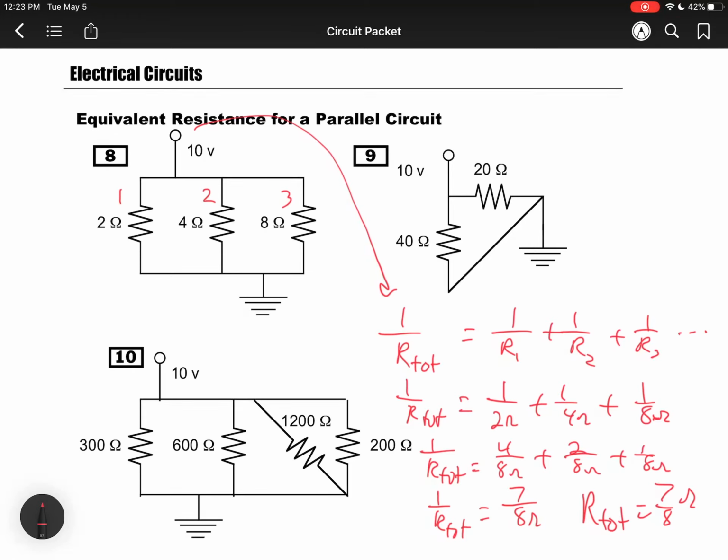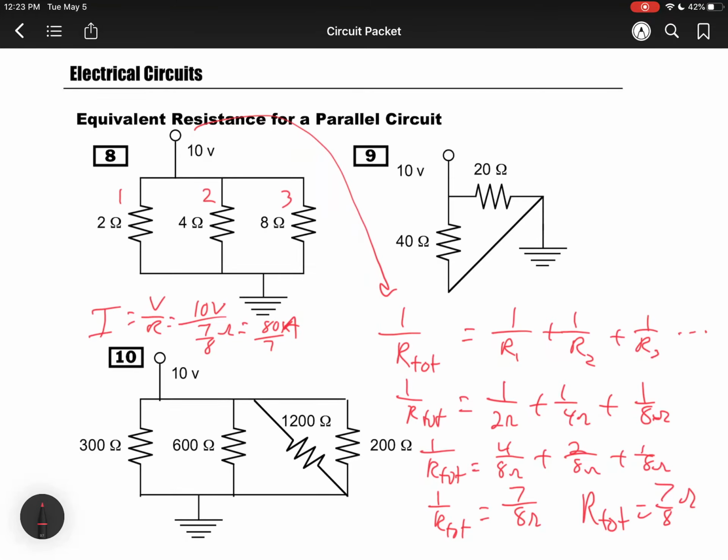So if I want to find the current, I equals V divided by R. Voltage is 10 volts divided by 7/8 of an ohm. That's going to be 80/7 of an amp. Let me pull out a calculator real quick and we'll figure out what that is.